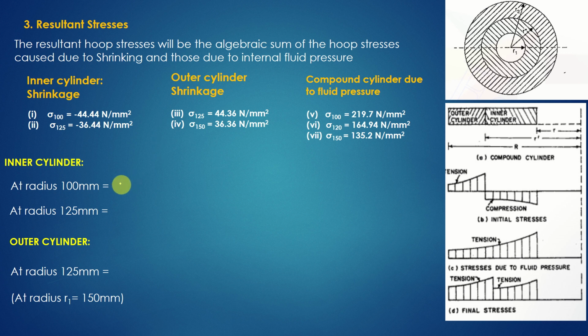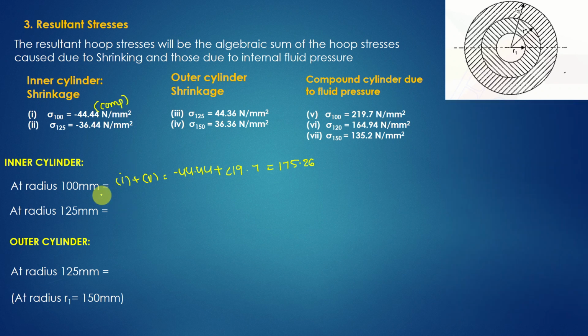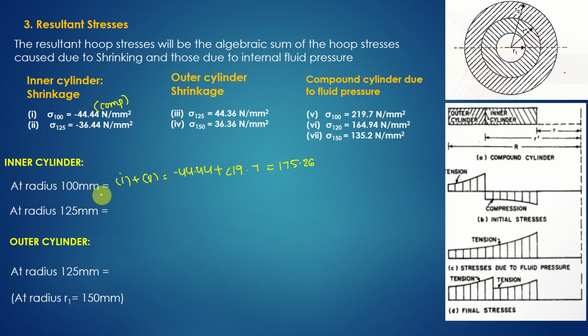We have two values: first one, minus 44.44, plus sigma 100 due to fluid pressure, 219.7. So how much is that? 175.26. These minus values indicate compressive stress. Previously, if I have not mentioned that, please understand, the negative sign indicates compressive stress.